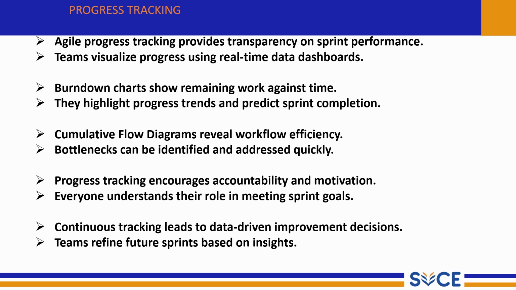And teams refine future sprints based on insights. The insights gathered from the progress tracking are used in the sprint retrospective to improve the planning for the next sprint. This is how Agile teams continuously improve over time.